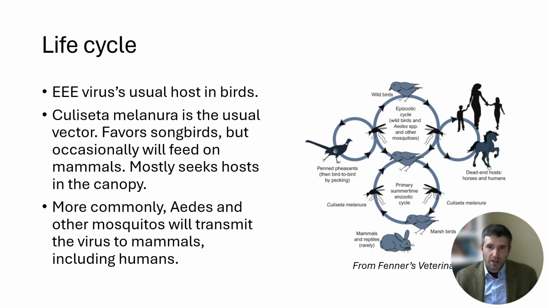Humans and other mammals like horses are referred to as dead-end hosts for this virus, which basically means that it's not evolutionarily advantageous for the virus to infect people or horses, because as you can imagine, if the virus kills the host very quickly and causes severe disease, it's not likely to be able to spread well and to survive.